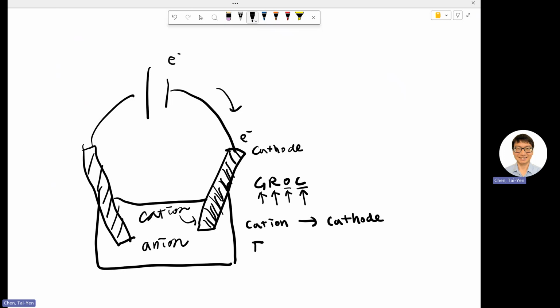So the potential that is relevant will be your reduction potential. Once the cation moves to the cathode inside your solution, your anion will feel the electric field and move to your anode, and then undergo an oxidation reaction to generate the electrons so you can get back to your battery.